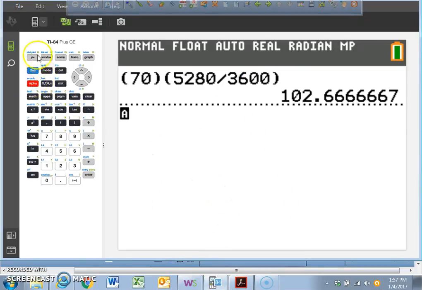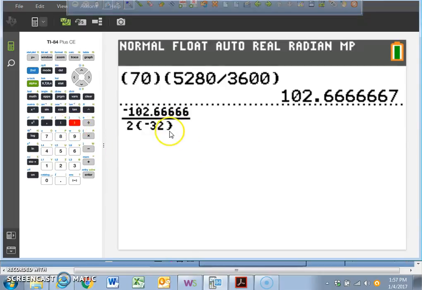I'm going to hit alpha y equals enter to give me my little fraction marks. Okay? So alpha y equals enter. I'm going to type in negative 102.6. I'm going to add a few. Then I'm going to say 2 times negative 32.